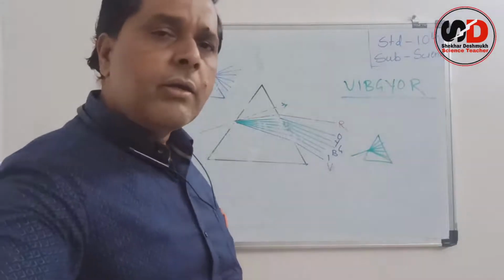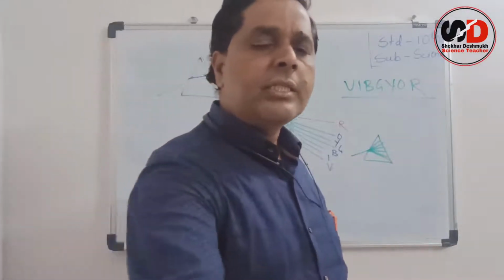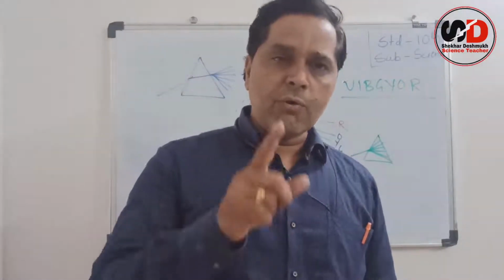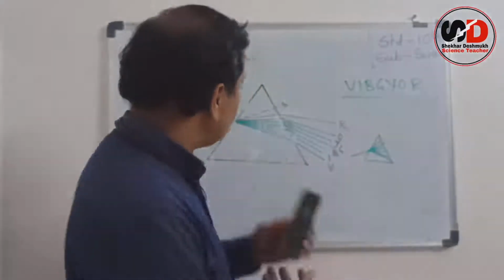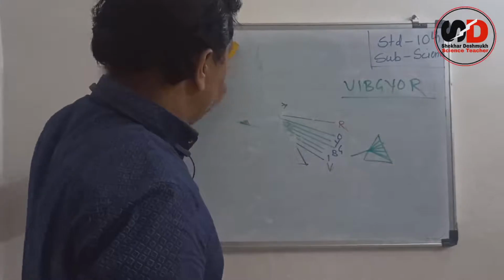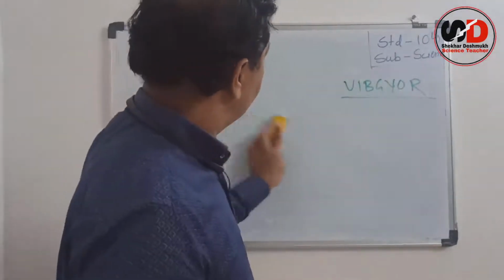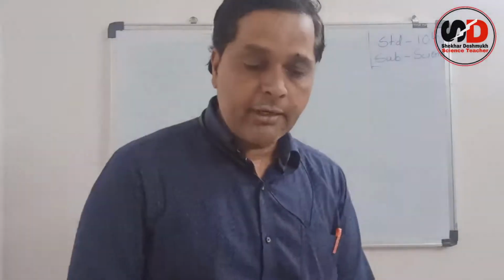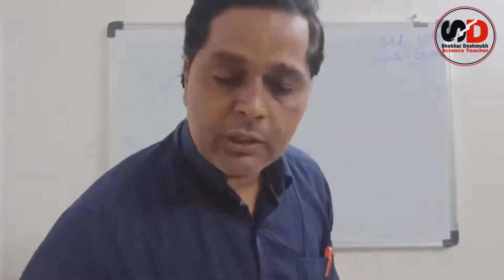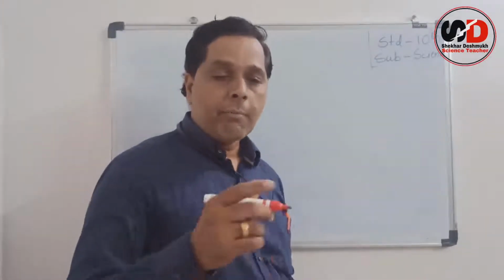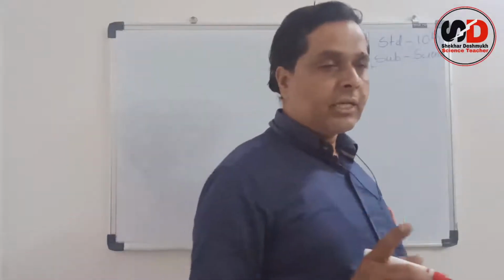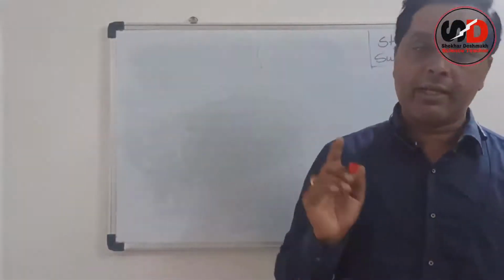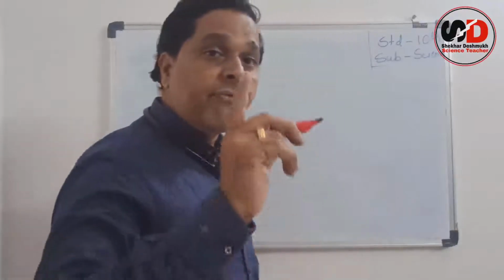And there are so many applications of this dispersion of light also. But one more concept is given. Now let us see that concept. The second very important concept that we are going to see is partial and total internal reflection. Here reflection is given.